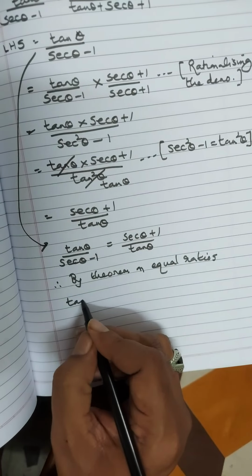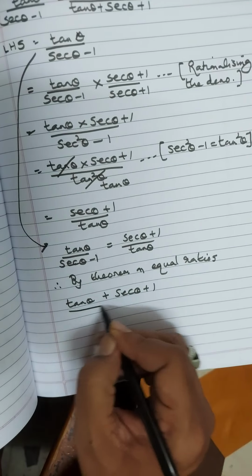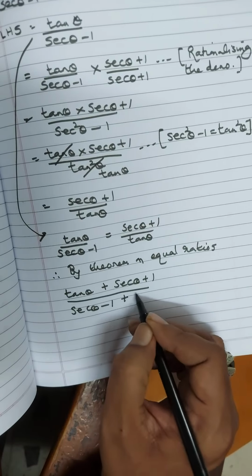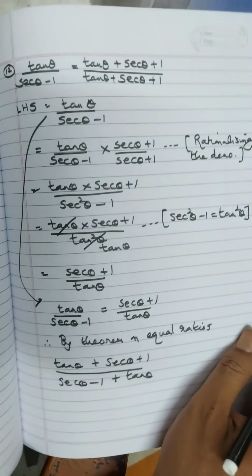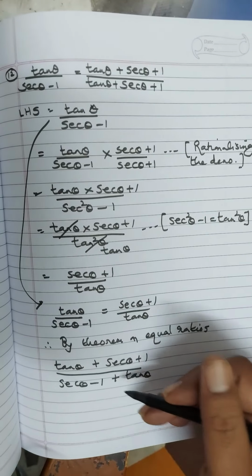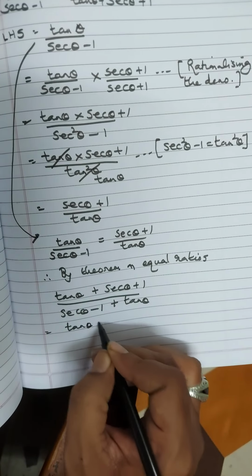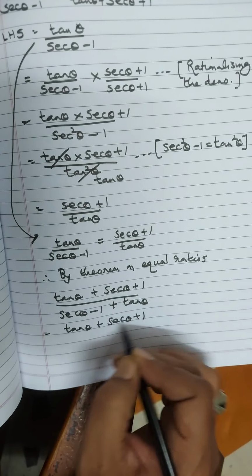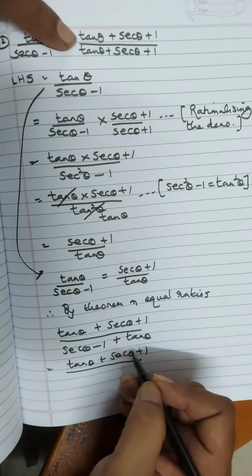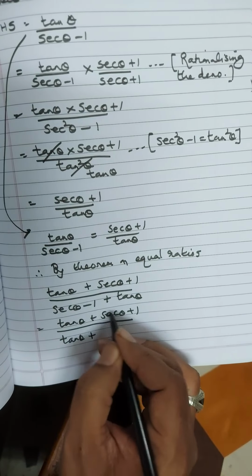So tan theta, we take out the equal to sign and put a plus sign here: sec theta plus 1 in the numerator, and in the denominator also sec theta minus 1, and put the equal to sign and write tan theta. On the right hand side, tan theta plus sec theta is okay, but in the denominator the value is in a different order. So we write tan theta plus sec theta plus 1 as it is, and according to our answer on the right hand side we change our value: tan theta first, and after that sec theta minus 1.